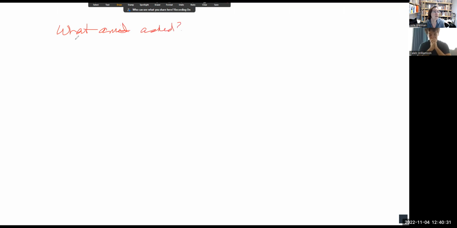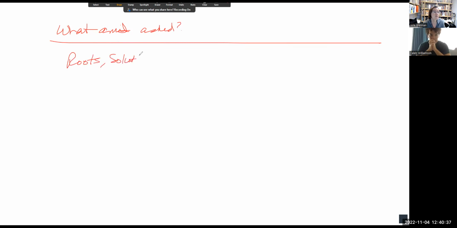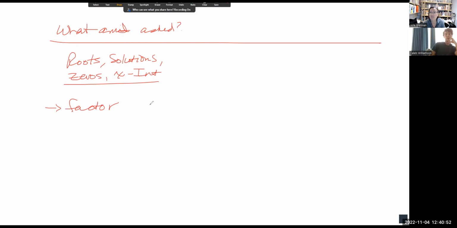Well, if I'm asked for roots, solutions, zeros or x-intercepts, any of those, that's where I'm going to factor. That means set equal to 0. I'm going to factor if I can. If I can't, what's my second option that I should consider?